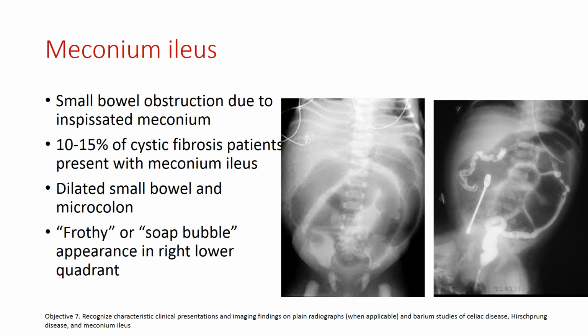And the last condition I'll talk about is meconium ileus. Again, meconium is that basically prenatal poop. It's what the baby ingests in utero. If the child has decreased pancreatic enzyme production, then we can get what's called meconium ileus.